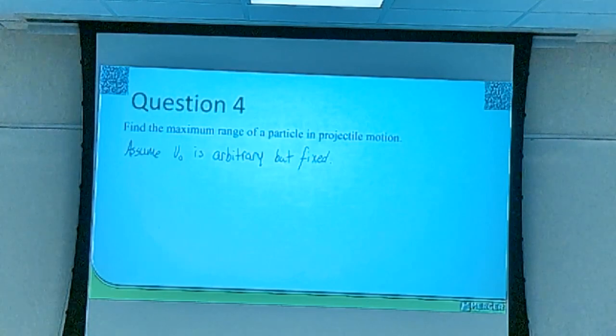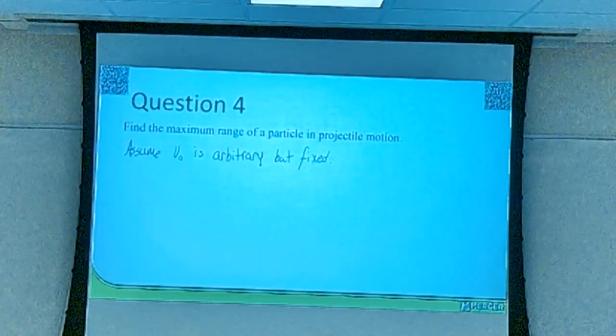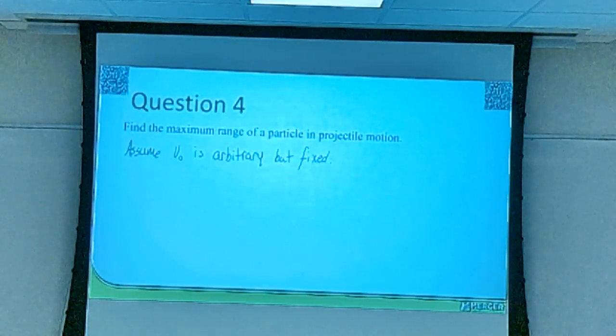We're going to make the assumption, and it's a very safe assumption, that the launch speed is arbitrary, but it's fixed. Why is this a safe assumption? Think of a cannon. For the most part, it's going to launch cannonballs at the same speed every time.